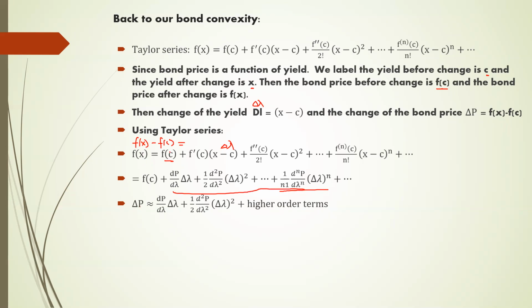We just subtract f(c) on both sides of this equation, and we get f(x) minus f(c), which is delta P. So we found that delta P is approximately equal to the first order derivative of the bond price function P with respect to the yield change times the yield change delta lambda, plus 1 divided by 2 times the second order derivative times delta lambda to the power of 2.